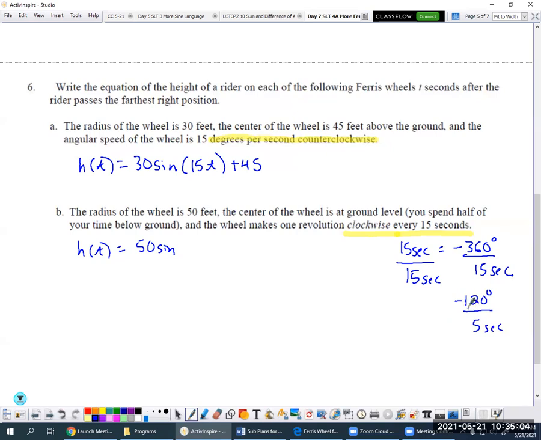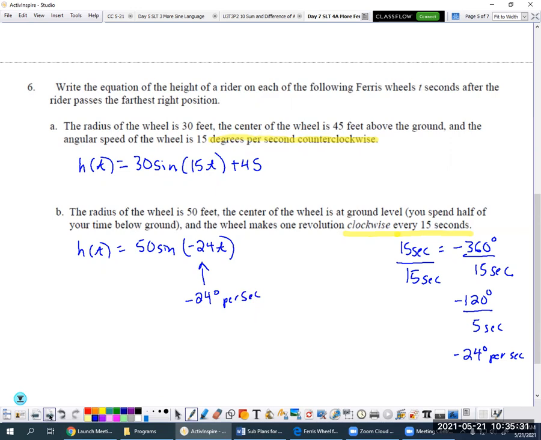And 12 goes in twice, and then there's the 20 left over. So it's going to be negative 24 degrees per second. So here I'm going to have negative 24t. Again, this is because we are moving negative 24 degrees per second.